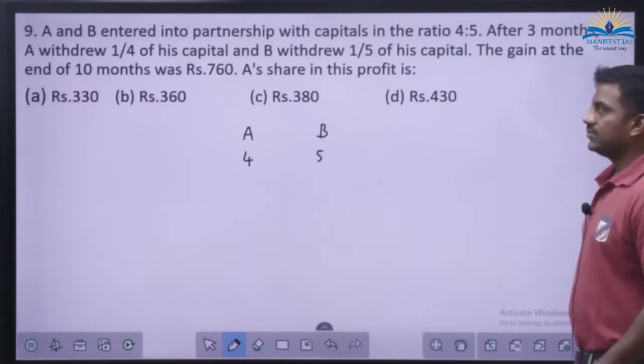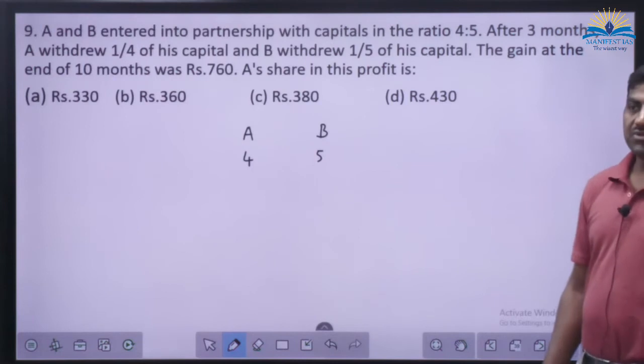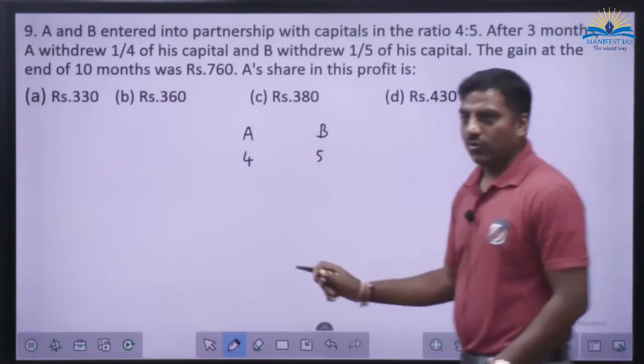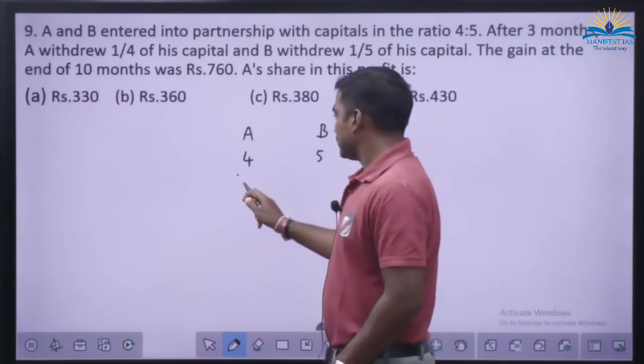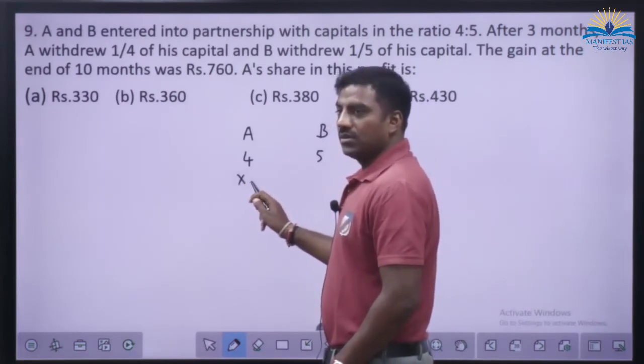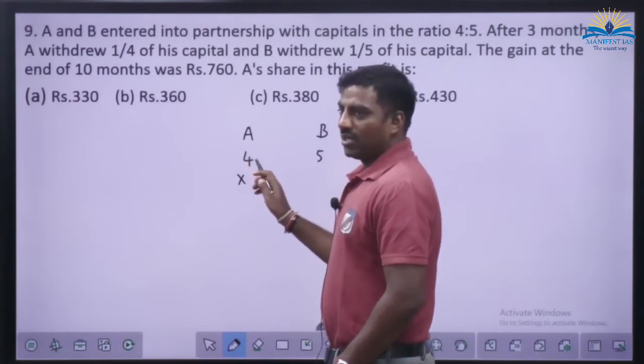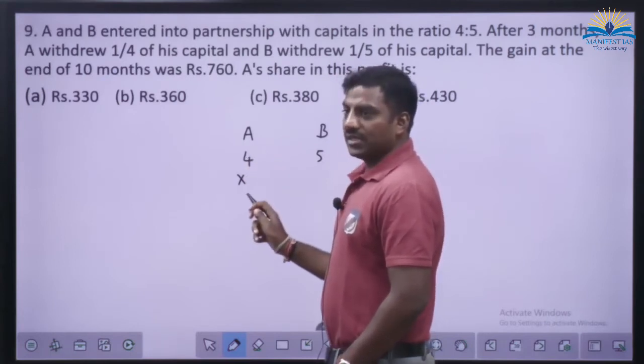After 3 months, A withdrew 1/4 of his capital. After 3 months. So he is keeping this 4 rupees for how many months? After 3 months it is changing, I know. But this 4 rupees he is keeping for how many months?